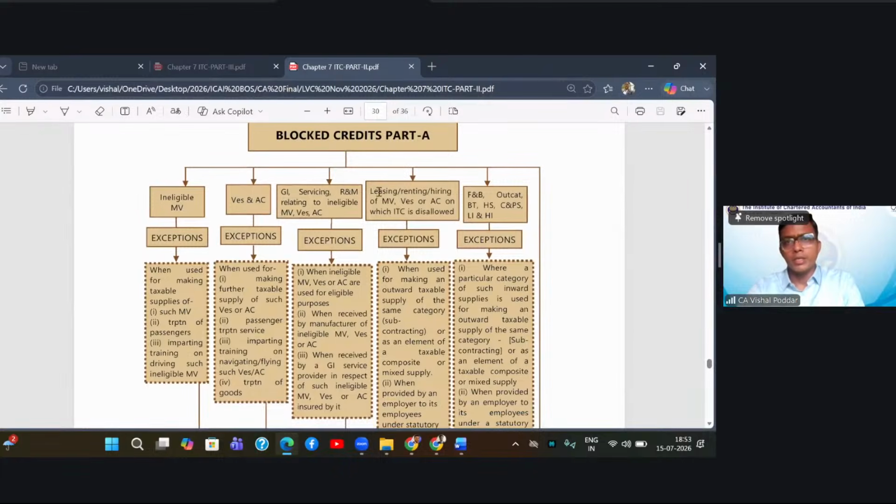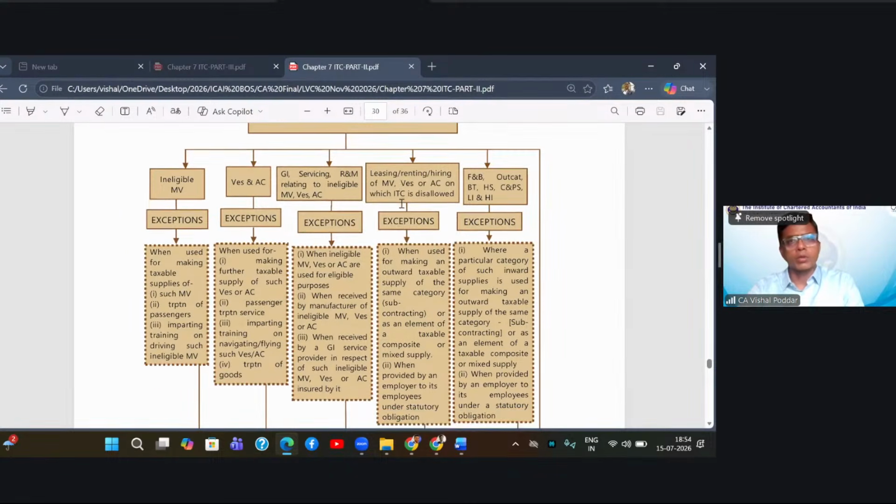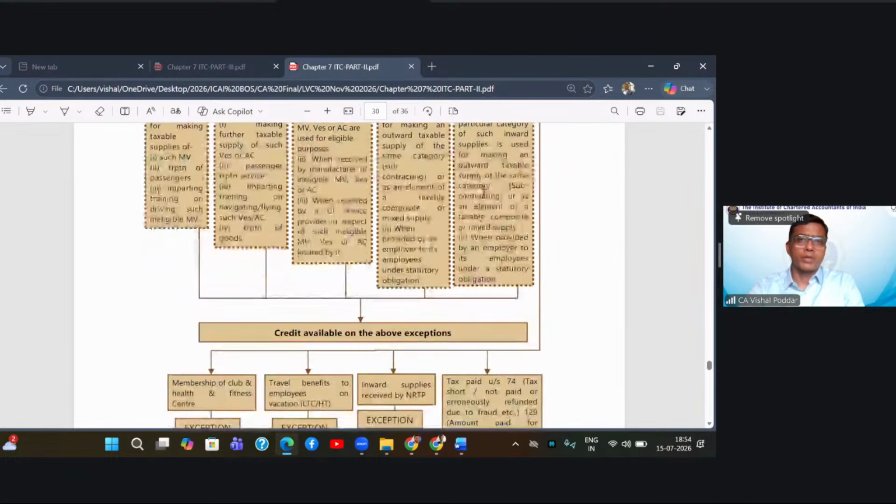Next comes leasing, renting, hiring of motor vehicles or vessels or aircraft. So here you have purchased the motor vehicle, you are taking it on rent. That is also covered in the block. Then food, beverages, outdoor catering, beauty treatment, health services, life insurance, health insurance, all these expenses are also covered in the blockage list.